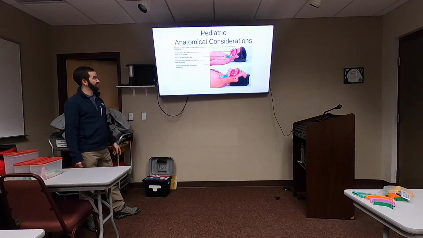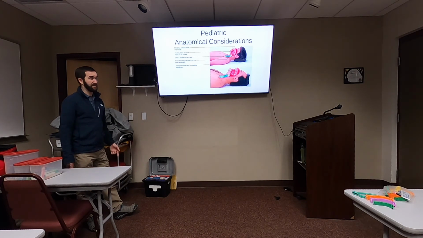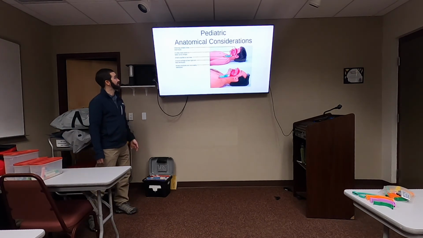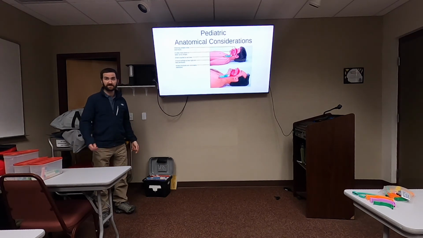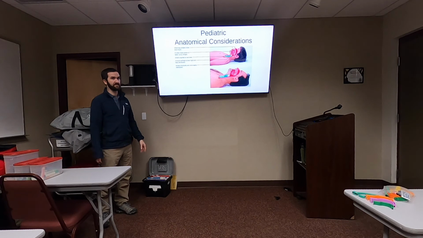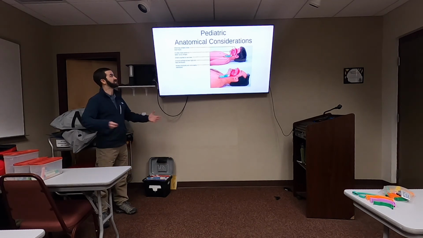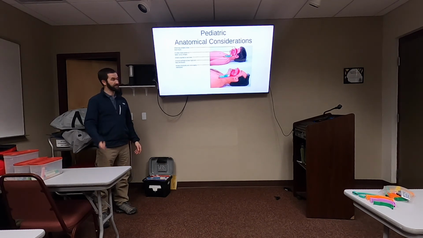And in general, if kids are having cardiac issues, it's because they're having airway issues. If you can maintain the kid's airway and get them decently oxygenated, then you've kind of fixed most of their problems, typically.